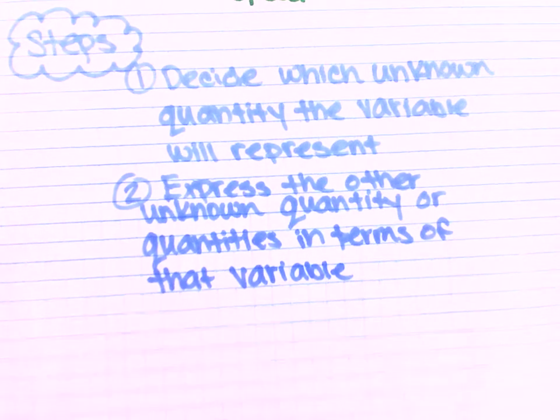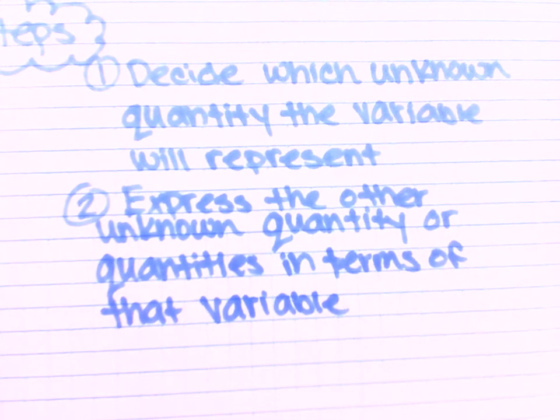So for example, you might have an unknown quantity and you might have a second unknown quantity, and then you have to put it into an equation. It'll make sense when I give you the example. Express the other unknown quantity or quantities in terms of that variable. So if you're looking for width, you might want to make width your W.